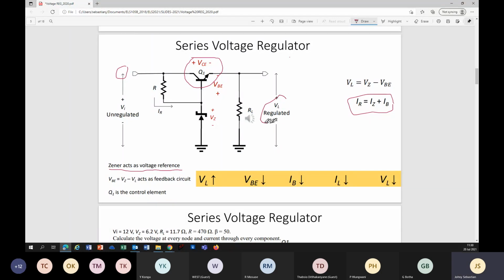So from here we can say that your control element in this circuit diagram is Q1.